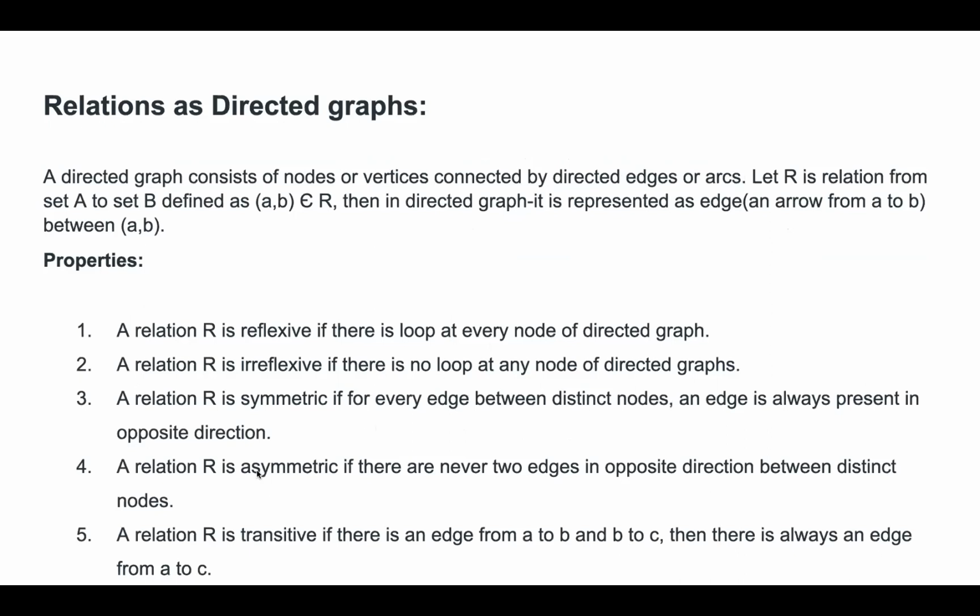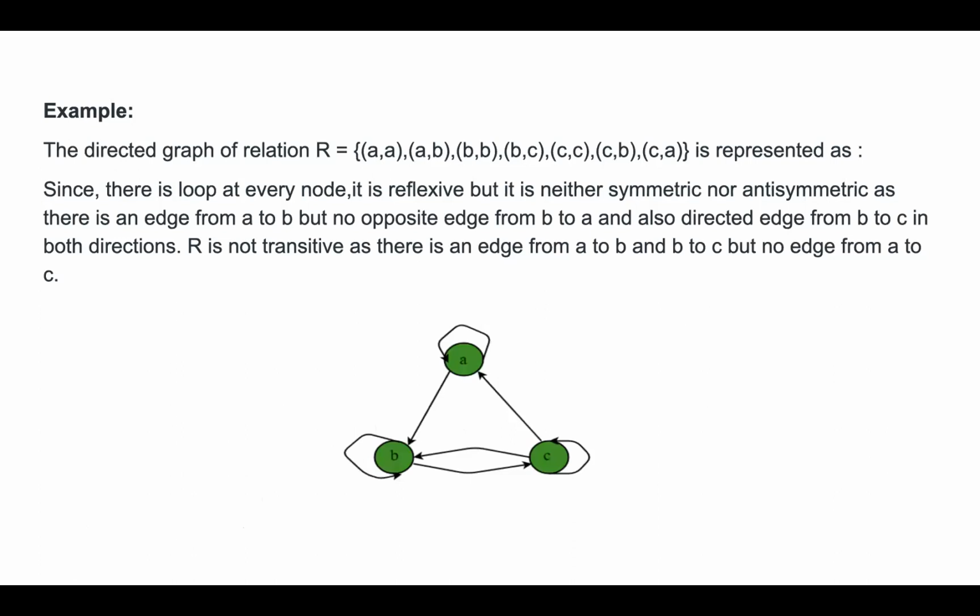We have seen these three properties with directed graphs. First is reflexivity, then symmetricity, and then transitivity. Now, with the help of an example, we'll see the directed graph of relation R. AA, because a self loop is there. Then AB, the line is from A to B. BB, because B also has a self loop.